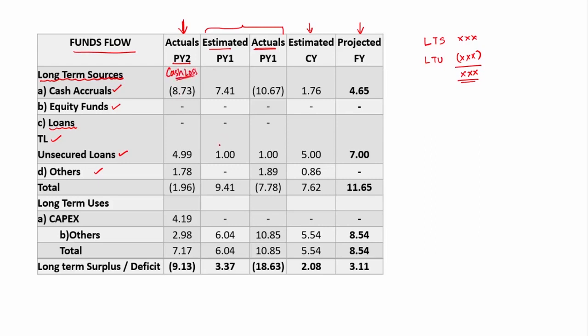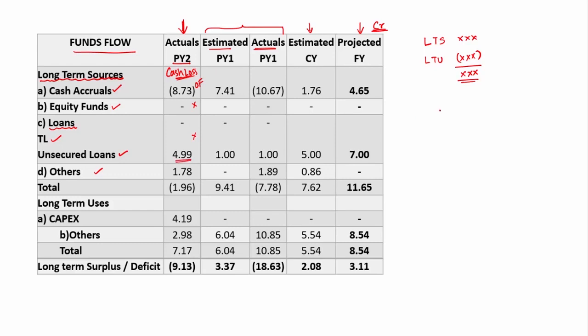In previous year 2, they lost 8.73 crore, assuming figures are in crores, in their business operations. So this is not an inflow, it is shown within brackets, meaning it is an outflow. They have not mobilized any funds from shareholders. They have not raised any term loans, but they have raised unsecured loans.